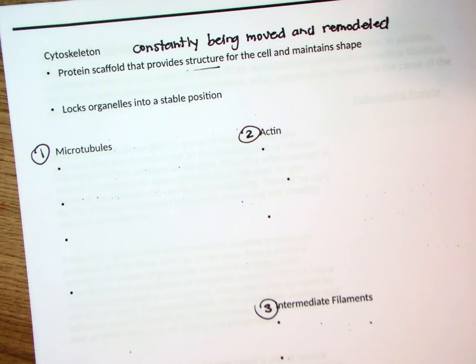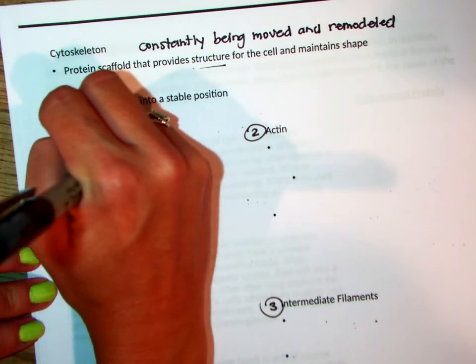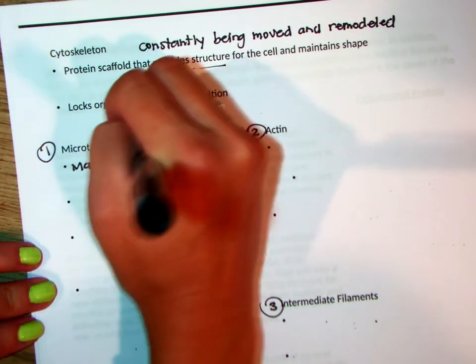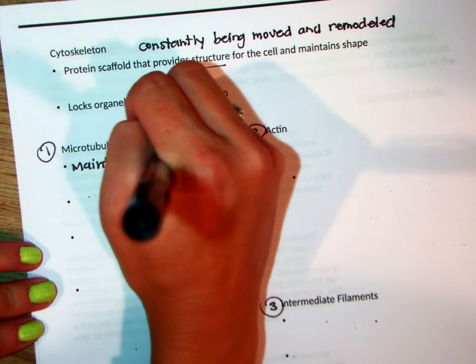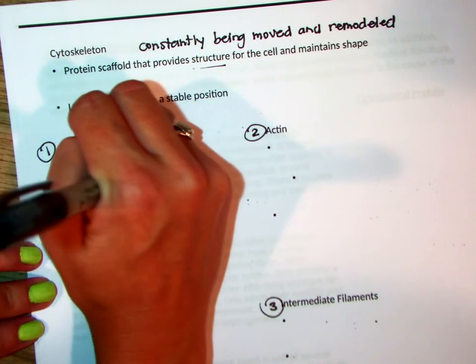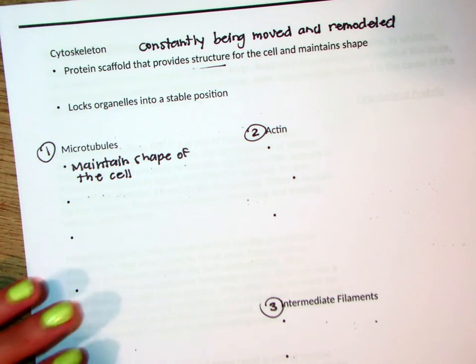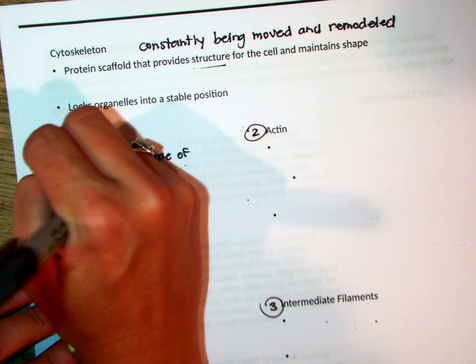So microtubules help to maintain the shape of the cell. And they provide a highway system for vesicles.